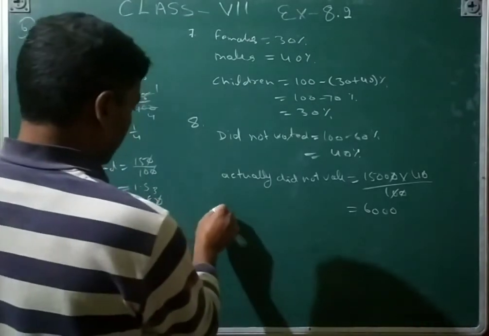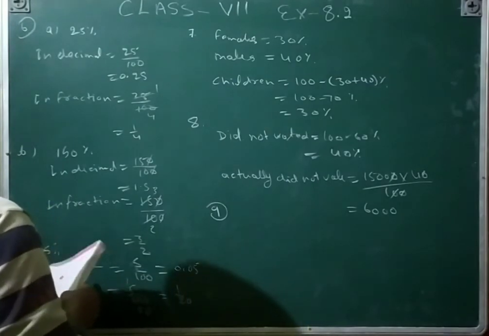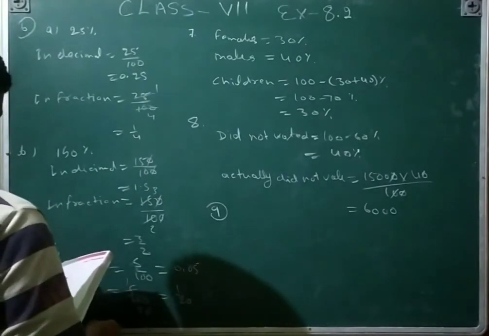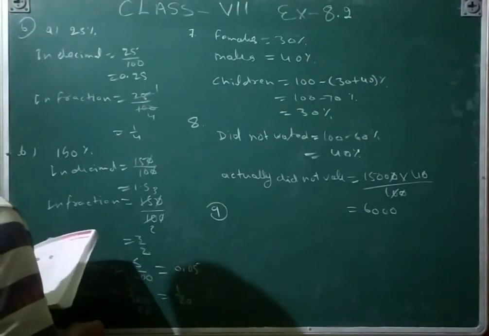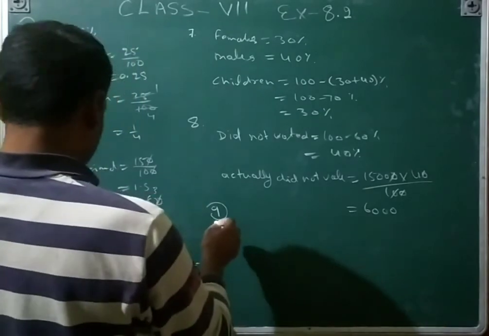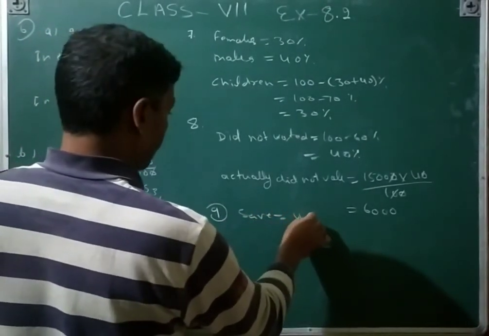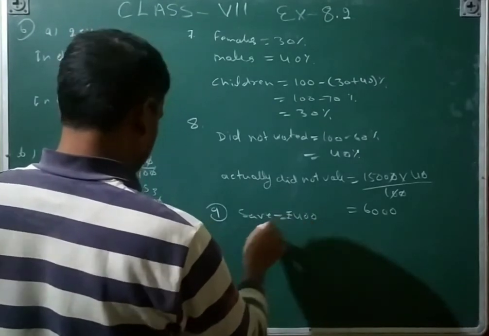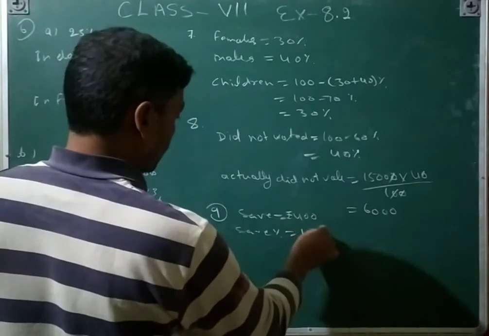And then 9th question: Meena saves 400 from her salary. If this is 10% of her salary, what is her salary? So saving is equal to 400 rupees, and saving percent is equal to 10%.